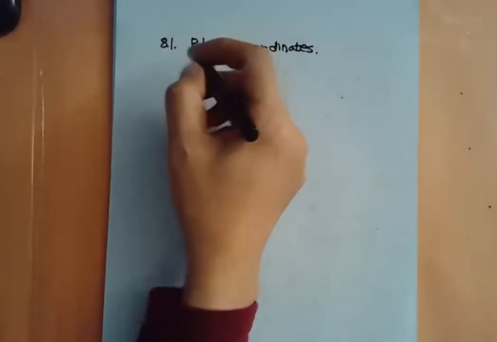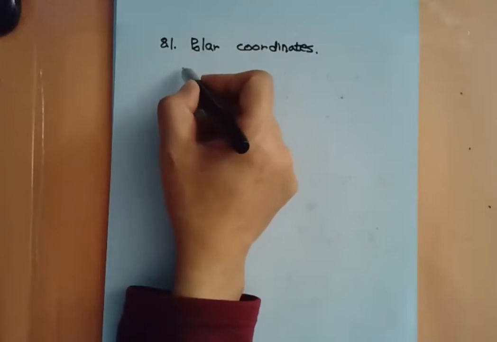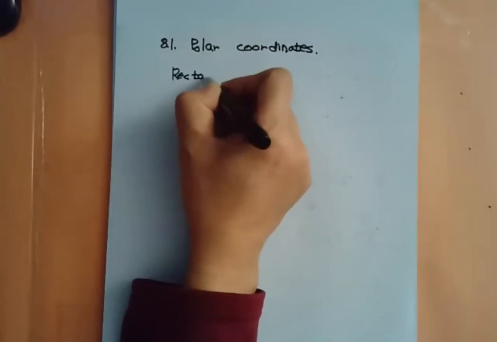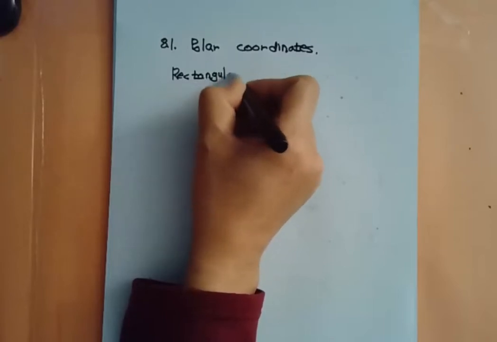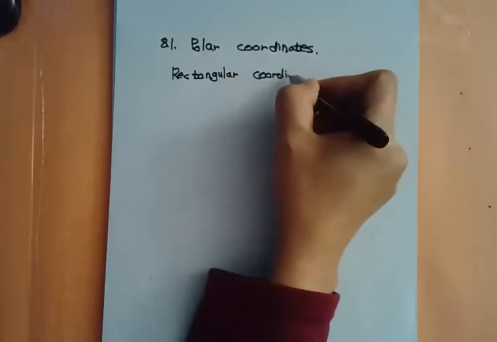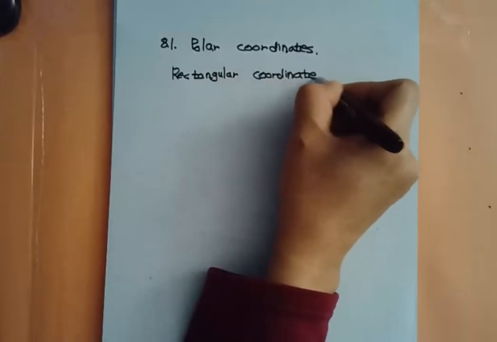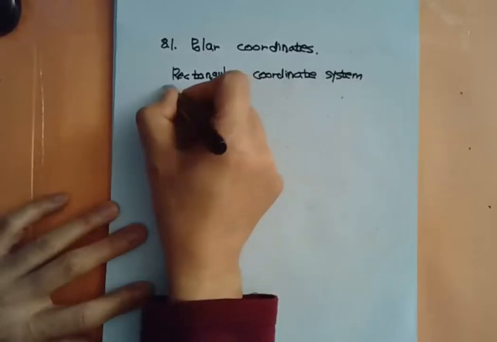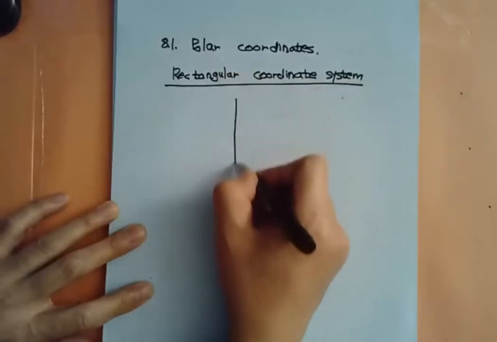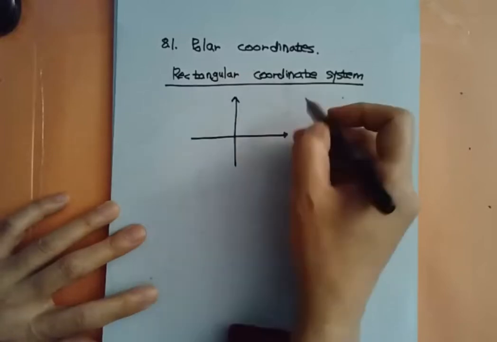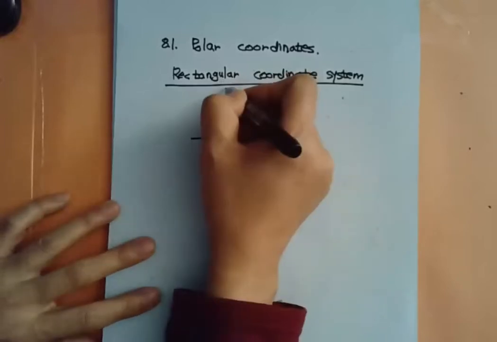Let's talk about the rectangular coordinate system first. The rectangular coordinate system is the coordinate system we are familiar with. In the rectangular coordinate system, we have x and y axes.